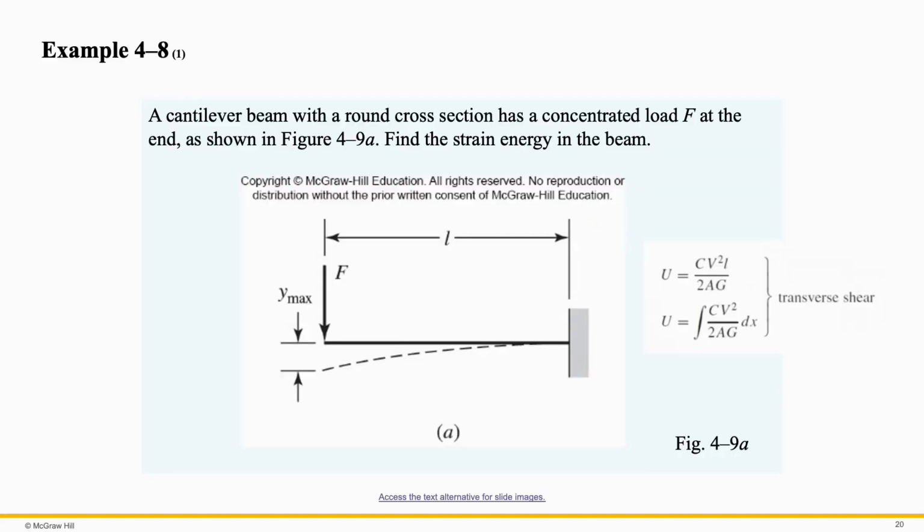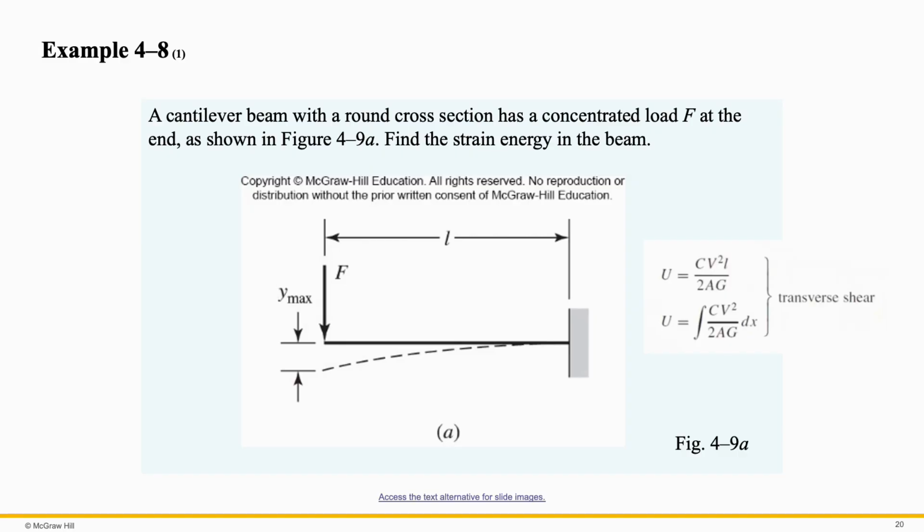Now let's analyze this example. In this example, we have a cantilever beam which is subjected to an end load as presented in this figure. One end of the beam is fixed and the other end is subjected to transverse shear force. And we will determine the strain energy developed in this beam. So this is our main objective.